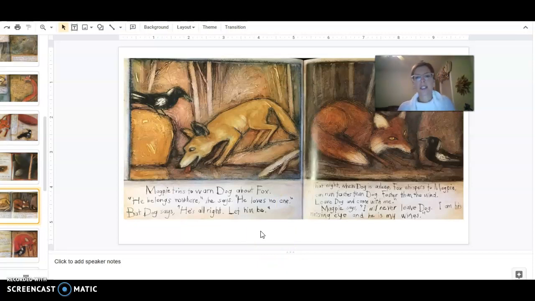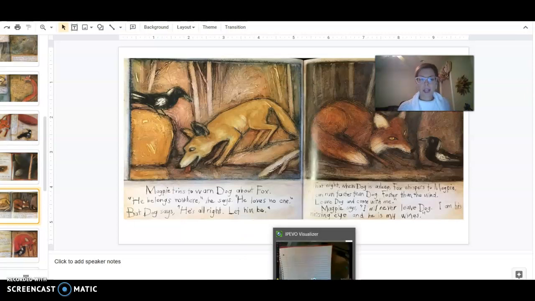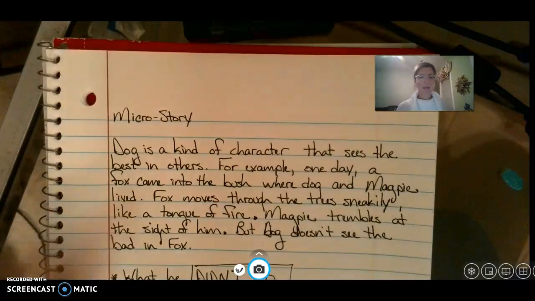Right there is another example. Even though Magpie is just frightened by Fox, Dog seems to want to give Fox a chance. So I'm thinking about this reason, because he sees the good in people, and I want to think about a micro story. I've just gotten a page from my notebook.